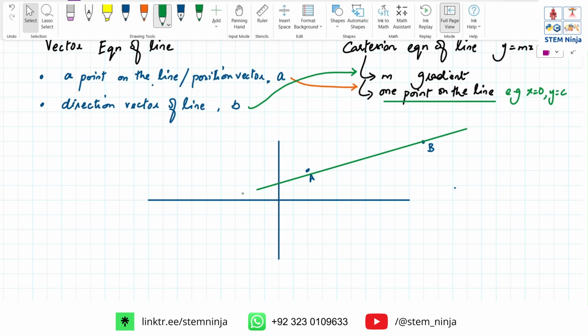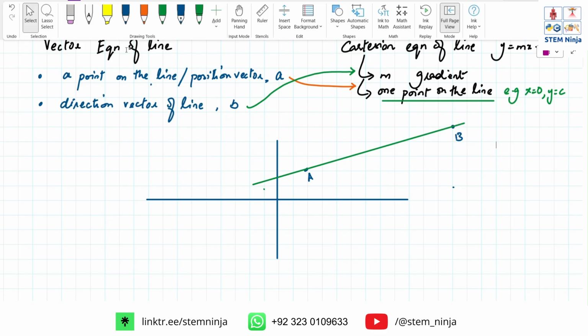So these are our 2 points, A and B. Now, we need a point on the line, position vector A. This could be any one of them.